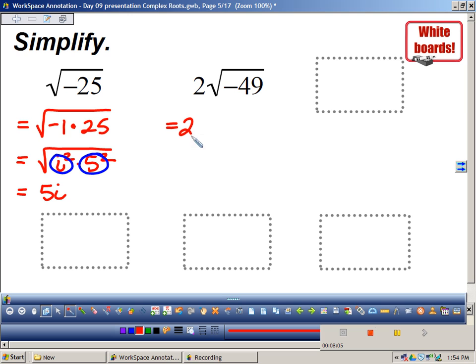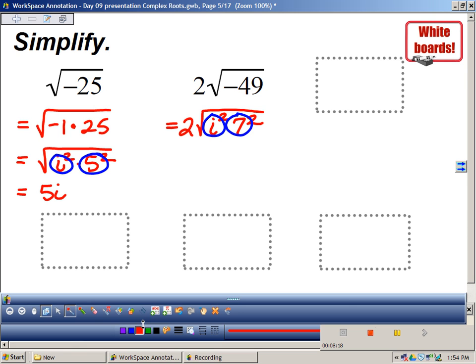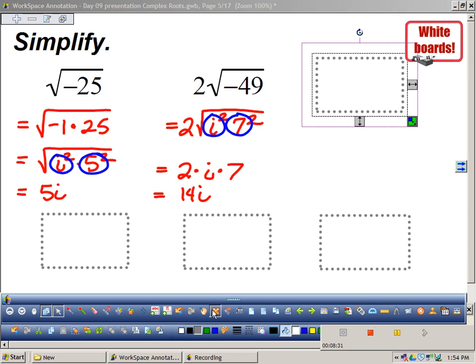I'm going to say 2 times the square root of -49. -1 is i squared. 49 is 7 squared. Get rid of my squares. They come out. I'm left with 2 times i times 7, which is 14i. I'm going to do one more, and then we're going to start doing whiteboards.